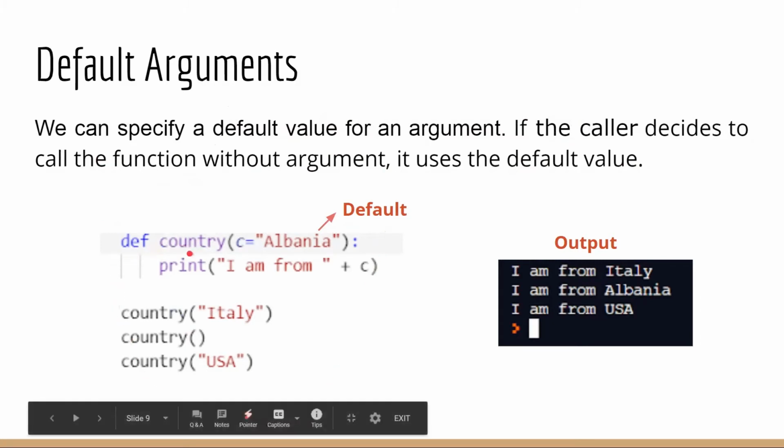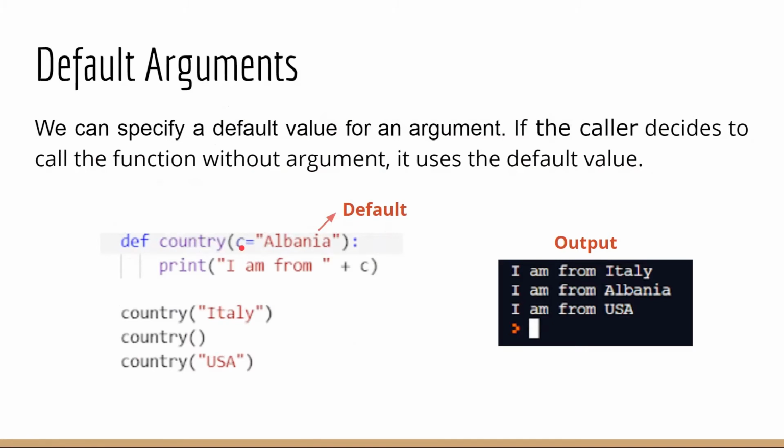We have a function which is called country, and it has one argument, which is the default argument. And its default value is Albania. And what we do inside this function, we simply print I am from plus the argument. Now, if we decide to call the function and we specify a string as a value for the default argument, then this value in here, which is Italy, will replace the default value and will be used inside the function.